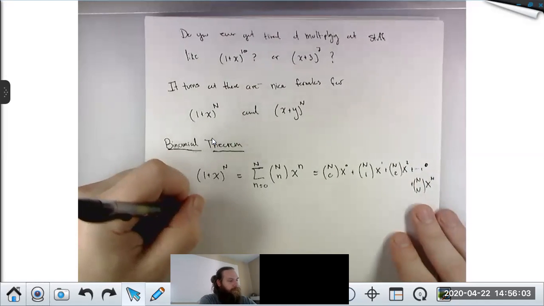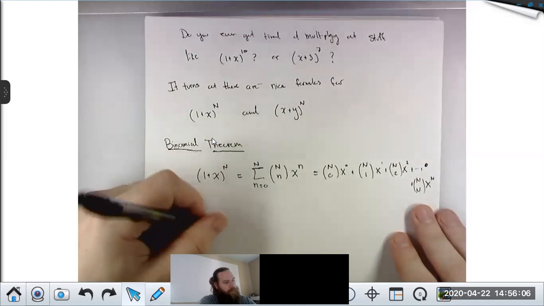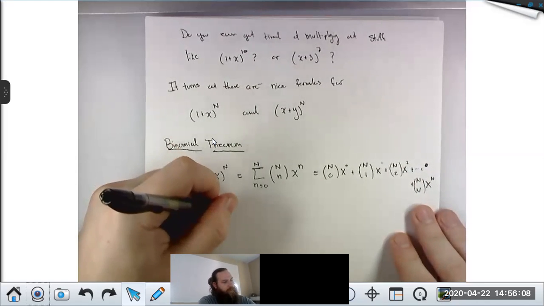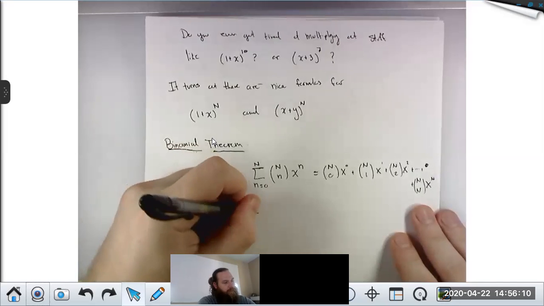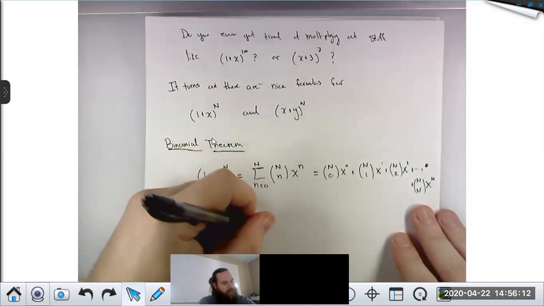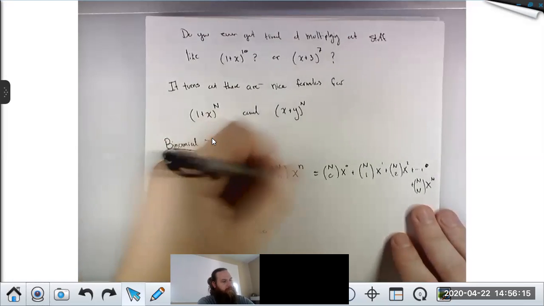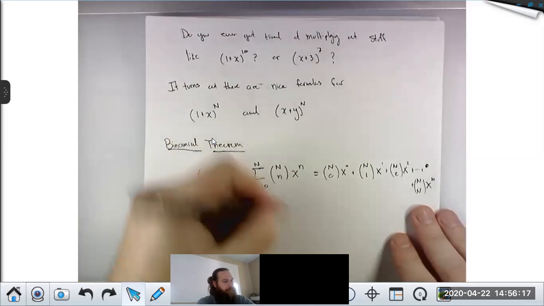The other formula looks like this. Very similar looking. In fact, the formula above is just this with y plugged in as 1.